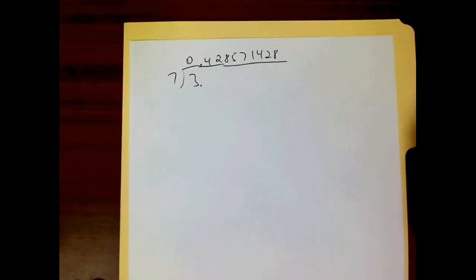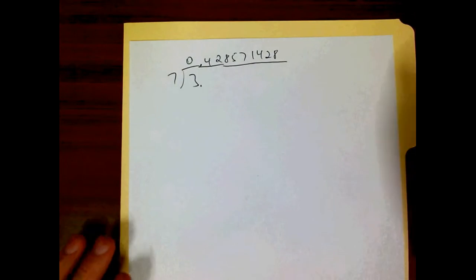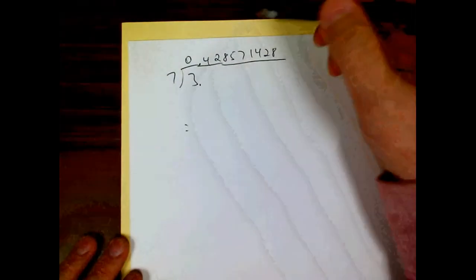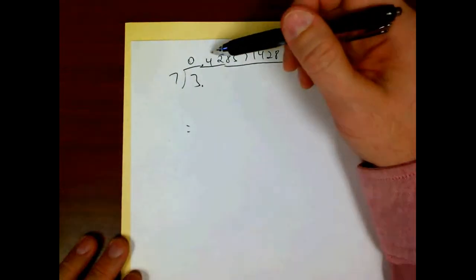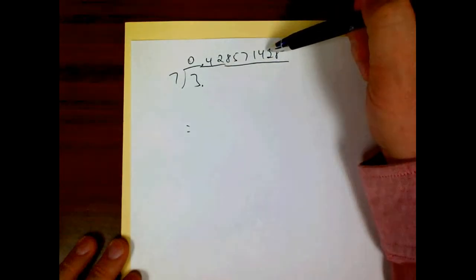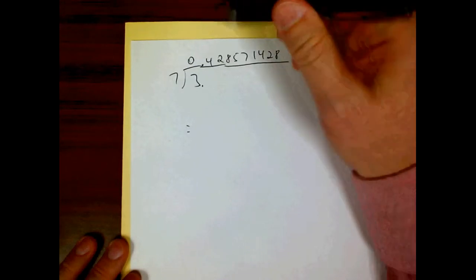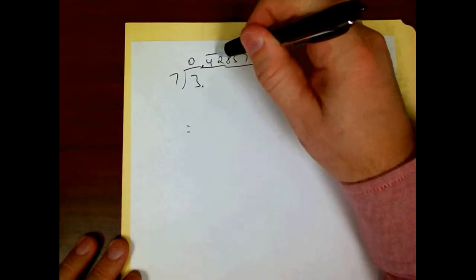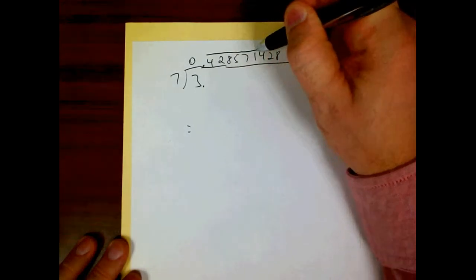Did you catch the mistake in the previous example? Notice I had the line drawn over 4, 2, 8, 5, 7, 1 and the 4. But I don't want to put it over the 4 because that's the first digit that starts to repeat. So the line should have been only over the 4, 2, 8, 5, 7, 1.